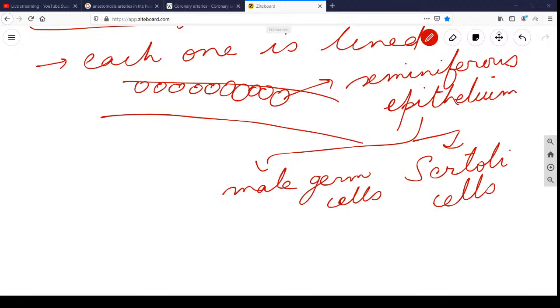Sperm heads are released from the Sertoli cells at the event of spermiation, but additional functions are what? Additional functions of Sertoli cells are the secretion of testicular fluid into the tubular cavity. That is one additional function.